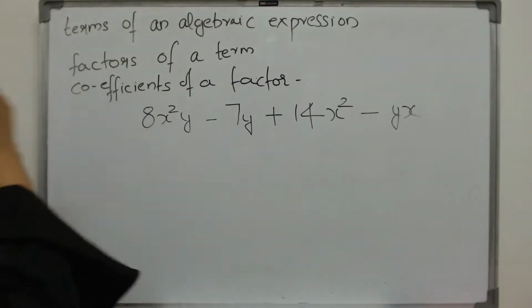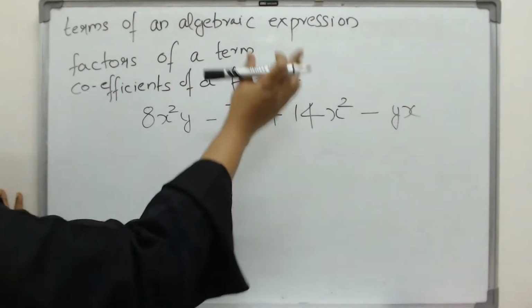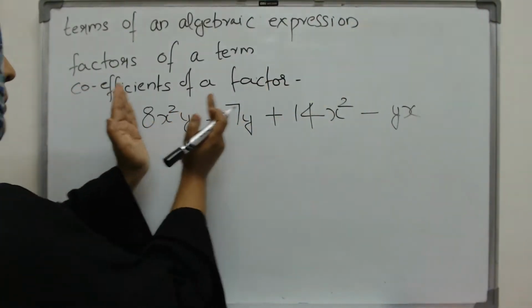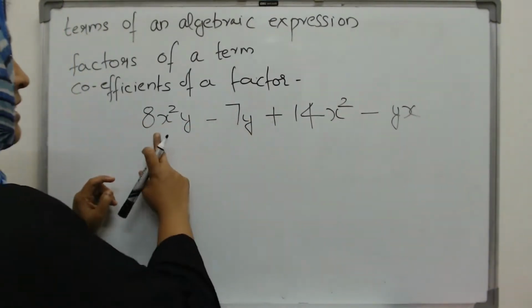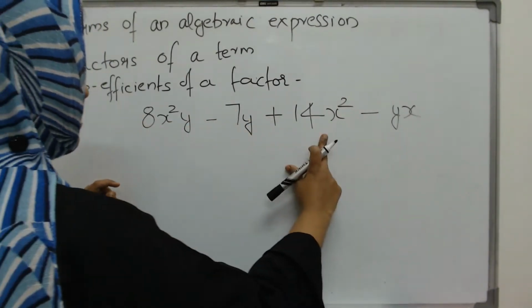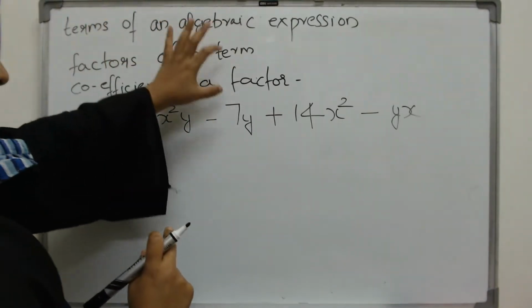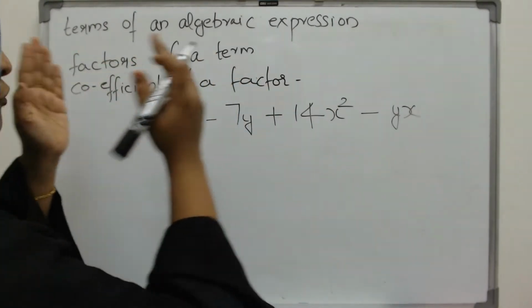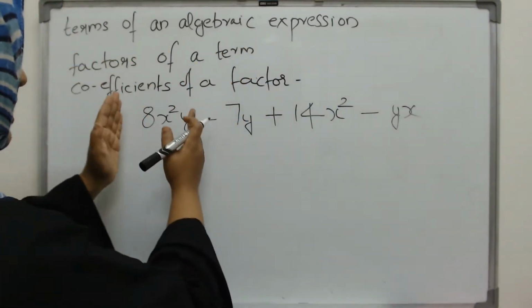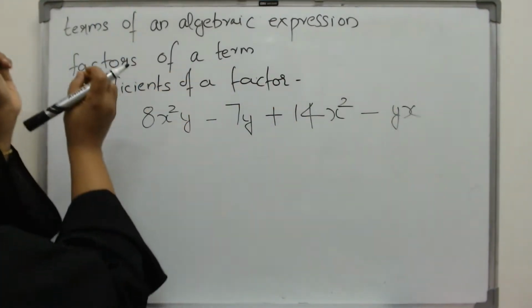So what did we learn so far? We learned about the terms of an algebraic expression, which are the quantities separated by a plus sign and a minus sign. So how many terms here? 4 terms. 1, 2, 3, 4. Next, we learnt the factors of a term. Each term, first, second, third and fourth, has factors.